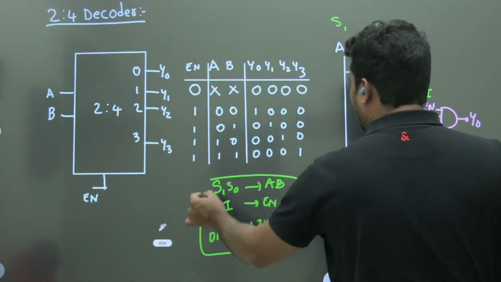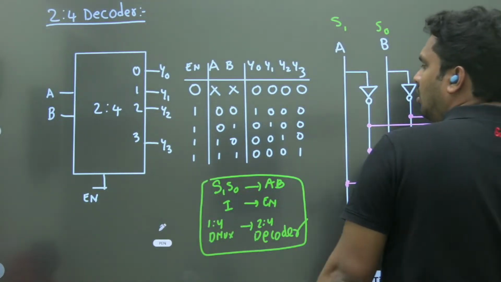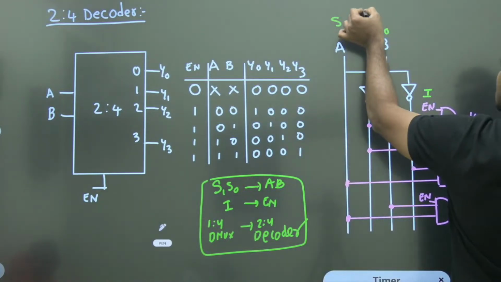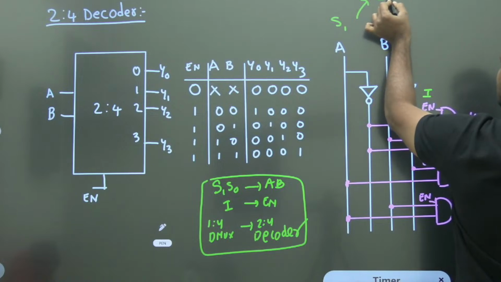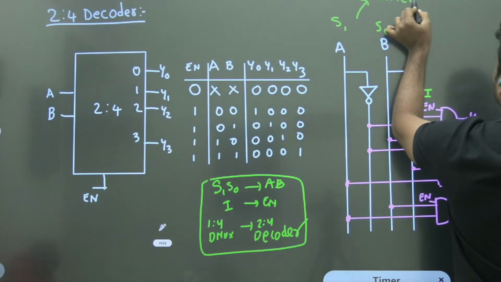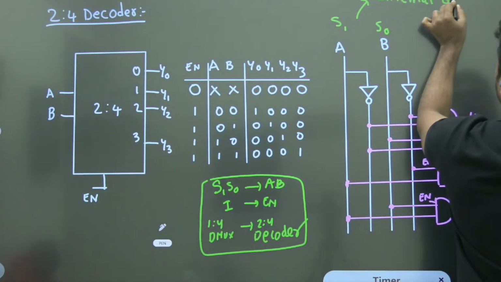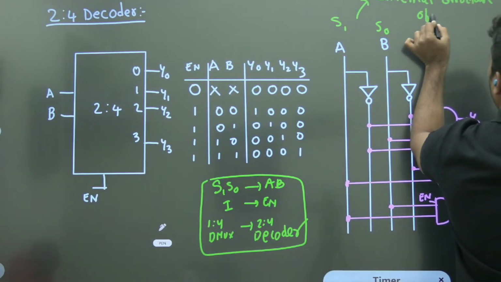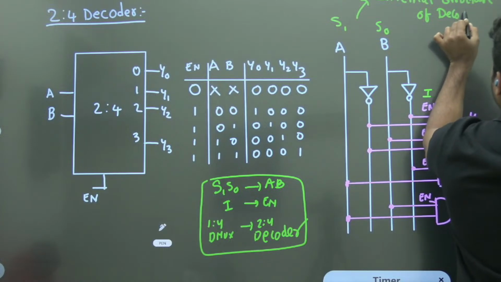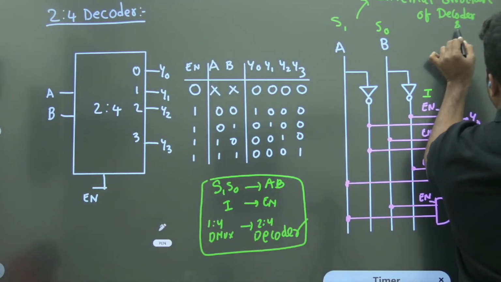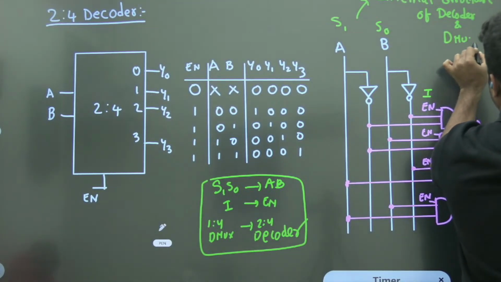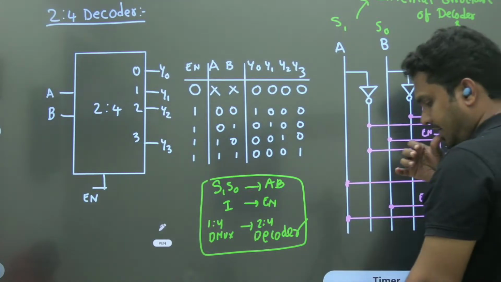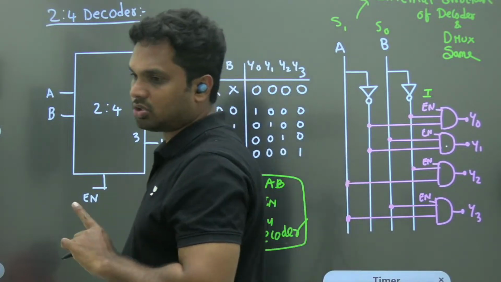So the internal structure of the decoder and the DMUX is the same. Internal structure of the decoder and the DMUX both are same.